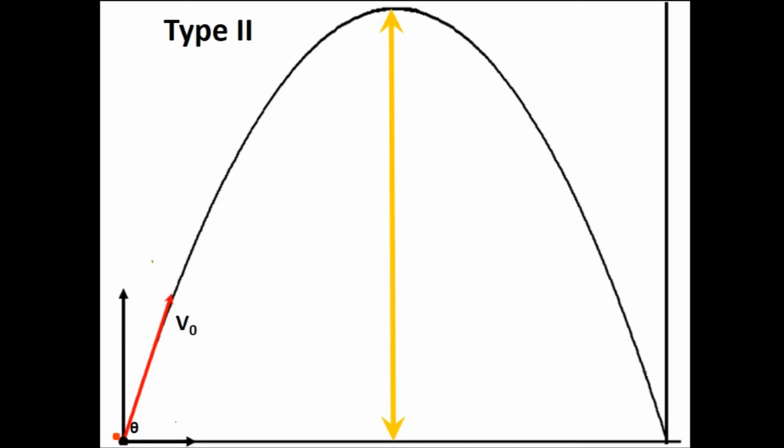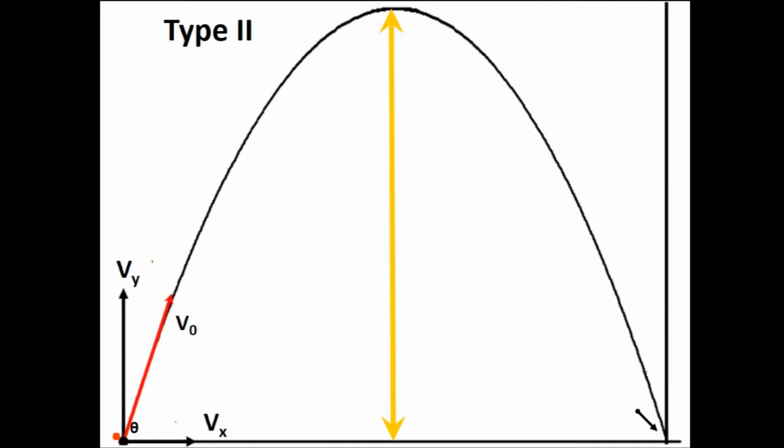V naught cosine theta is Vx, and V naught sine theta is Vy, and then from there we can apply several equations to resolve the height the projectile travels and the horizontal distance the projectile travels.